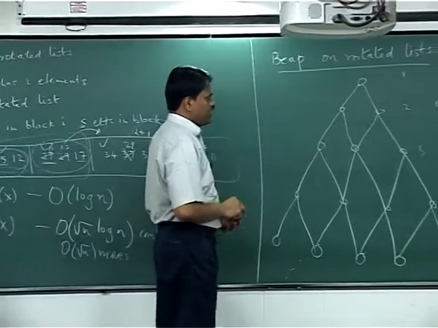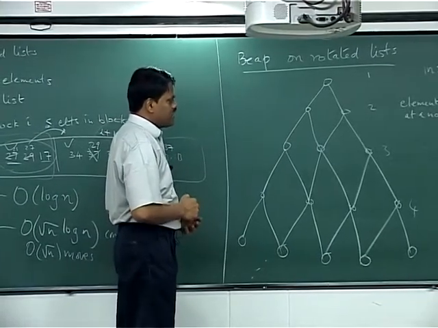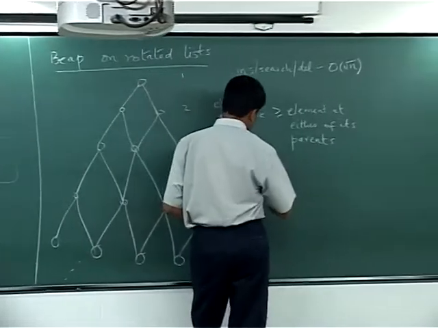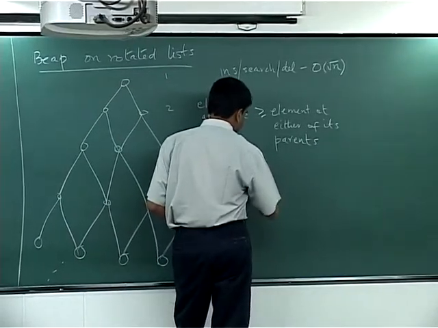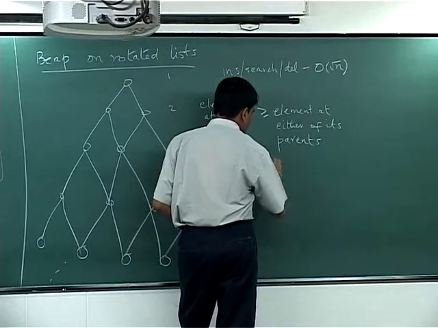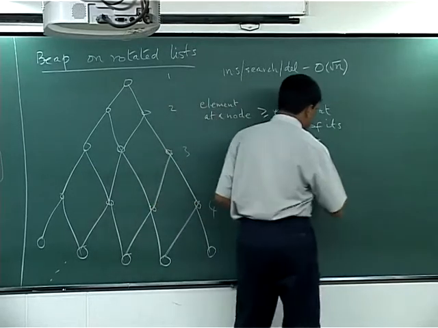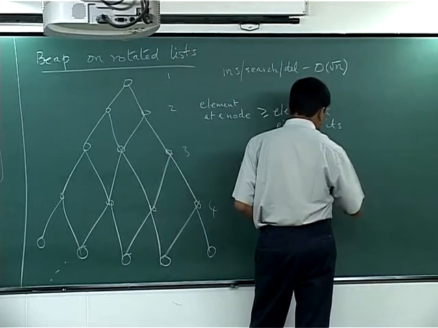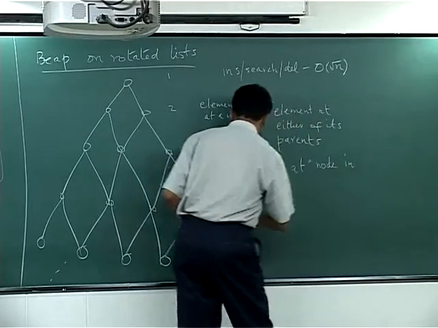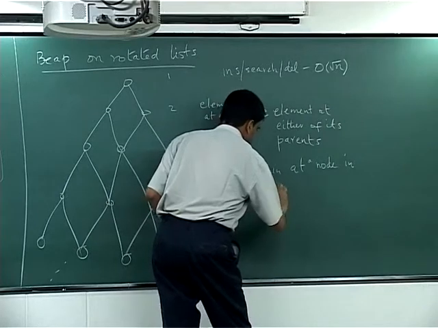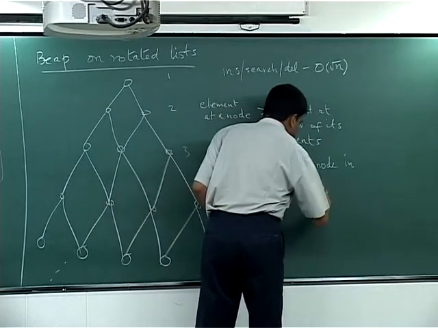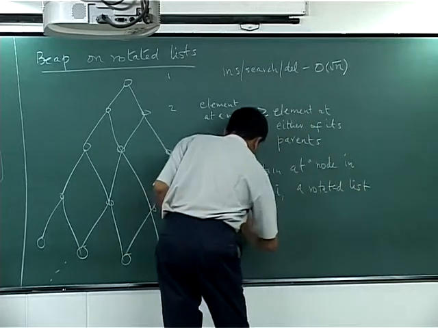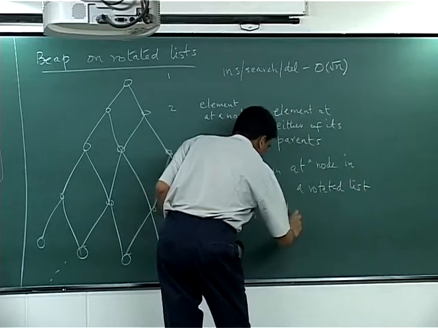Okay. So, now what I am going to do is replace each node. So, now I am going to maintain, at the node in level i, a rotated list on i elements.